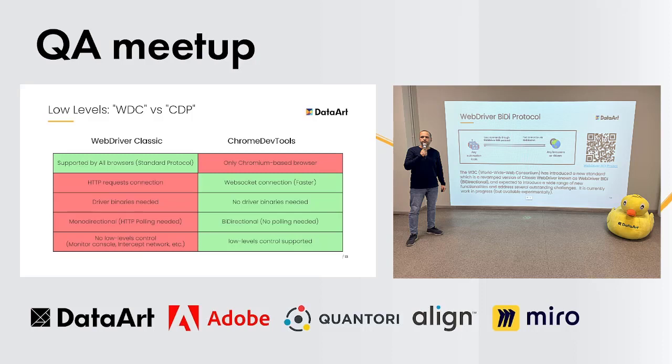But still, it is needed. And by the way, it is handled by Selenium. So this is the most important thing here. The connection is monodirectional. So what does it mean? When you search for an element and you're waiting for one element to appear on the page, it is still not interactable. For example, you cannot click on that element on the page.